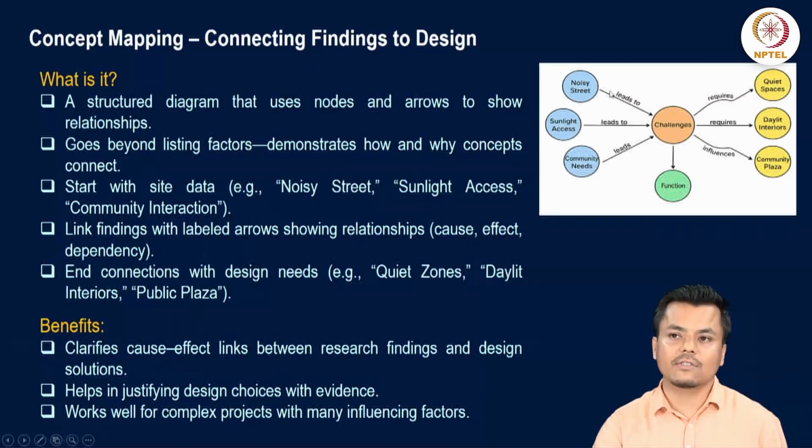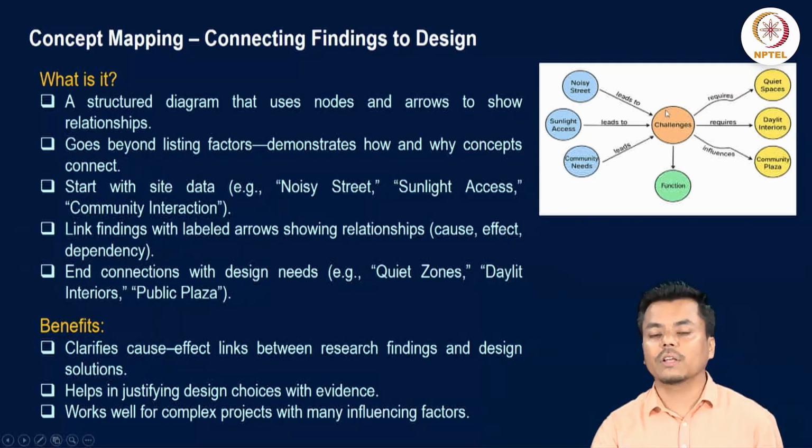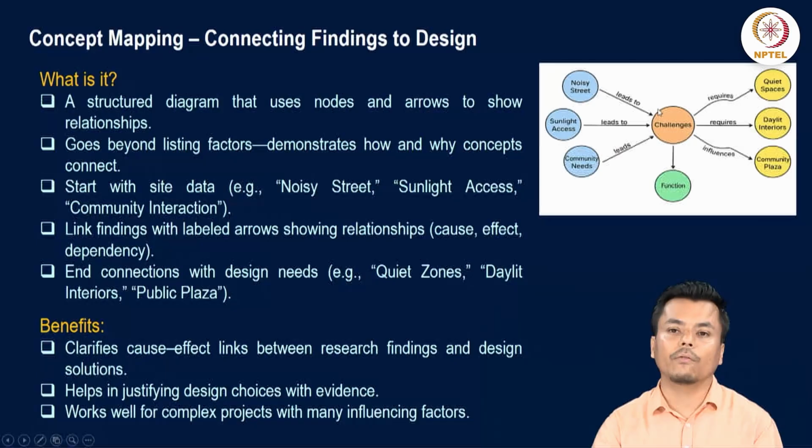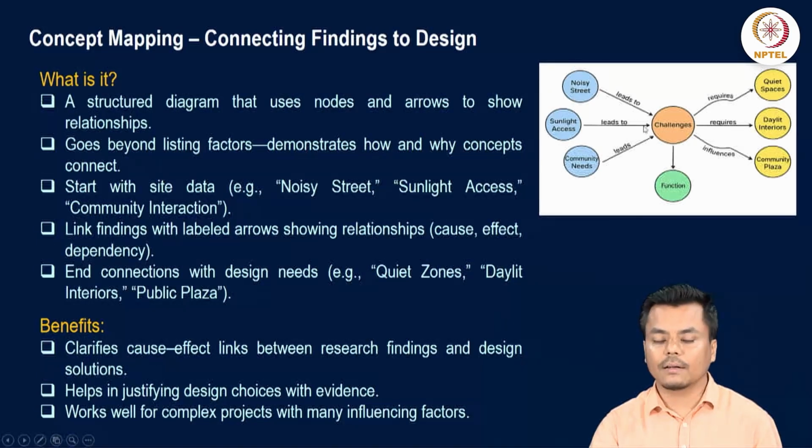So if there is a noisy street, that is a challenge to your project, so what design solution will be required for this? If there is sunlight access, that leads to a challenge in your project. These are the two directions from where there is a high chance that a high amount of sunlight may enter into your project.